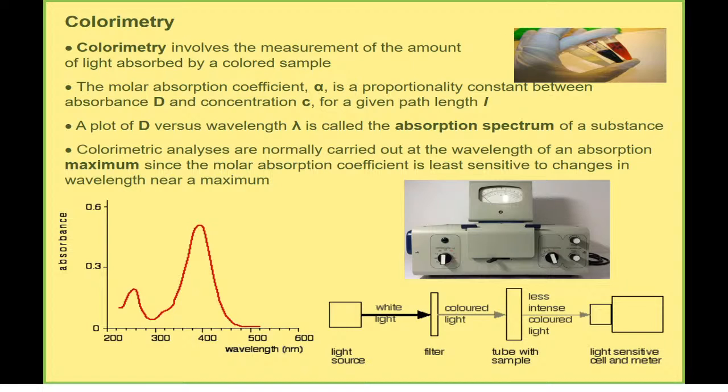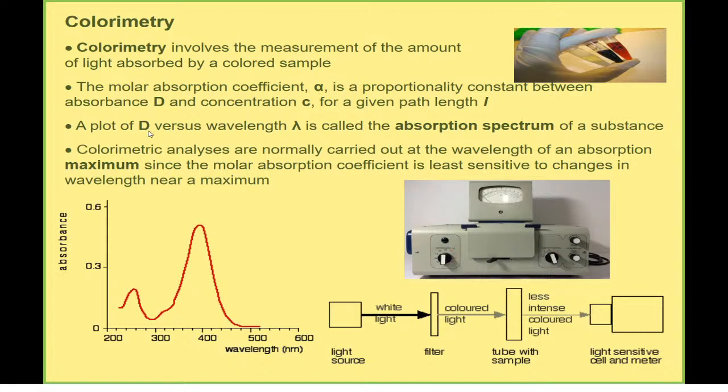The molar absorption coefficient is a proportionality constant between the absorbance, which is just the measured decimal logarithm of the ratio of the intensities, and concentration for a given path length.